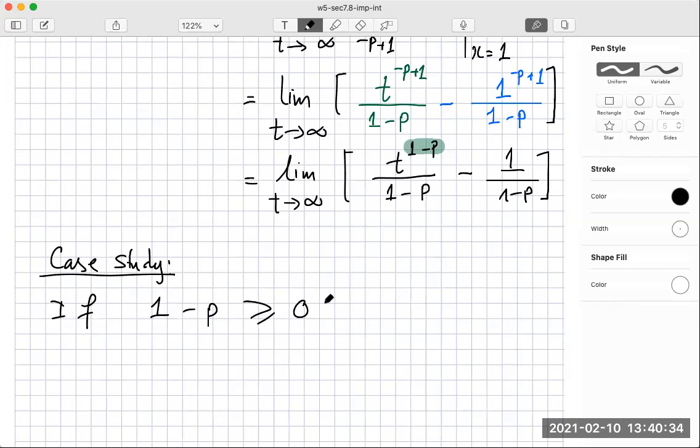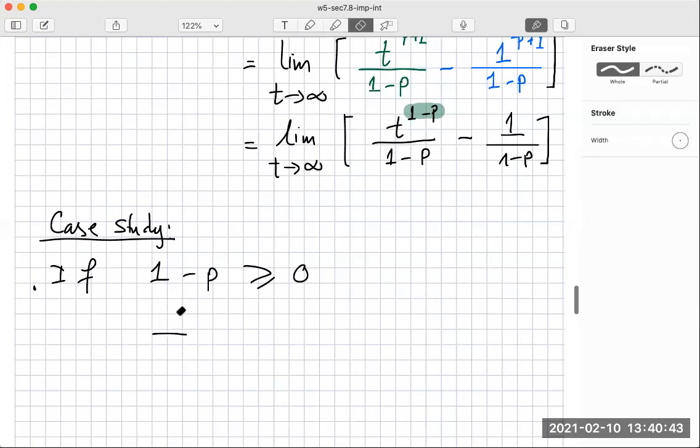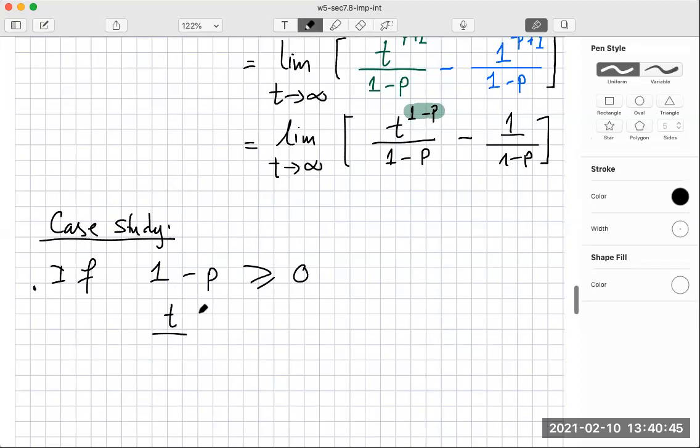This power is positive. Then what is t? Yes.